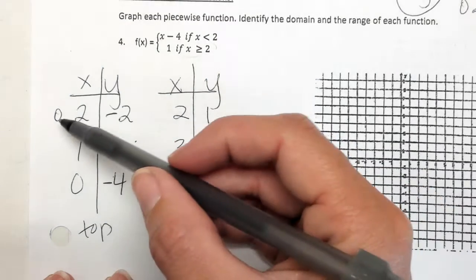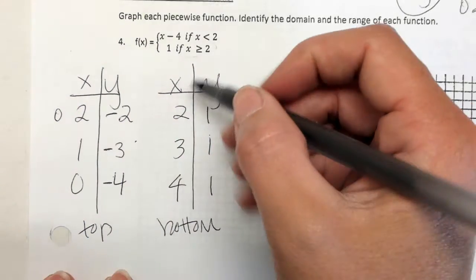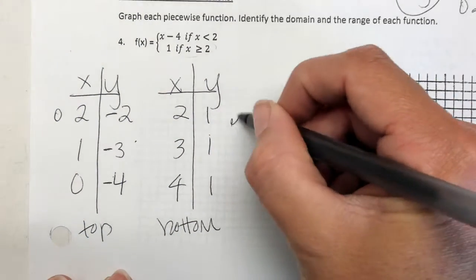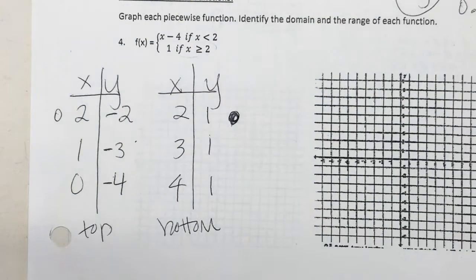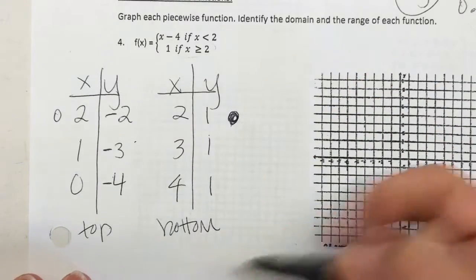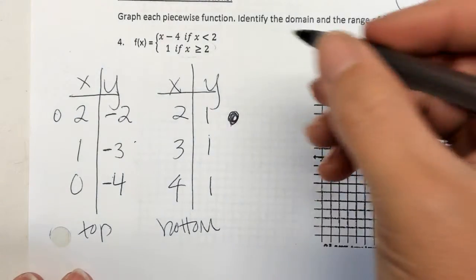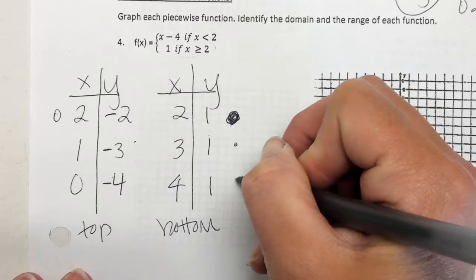Because even though it's not included in this piece, there's going to be an open circle. This one's going to have a what? Good. Just at this point, just when x is 2. The rest of these points that we're going to graph, you're going to have to put a dot there, but I want you to make sure we don't mistake this dot with this one. So make these smaller.